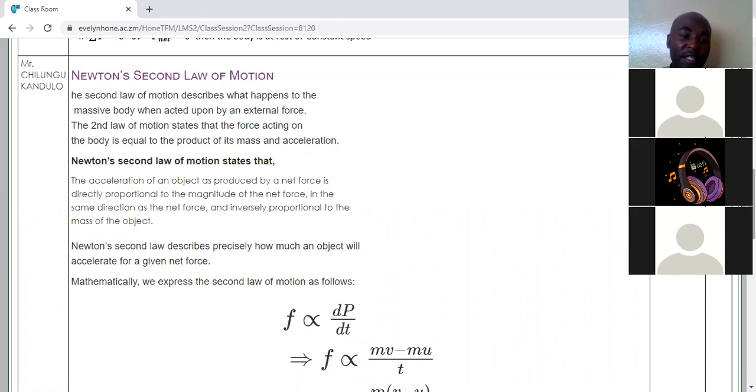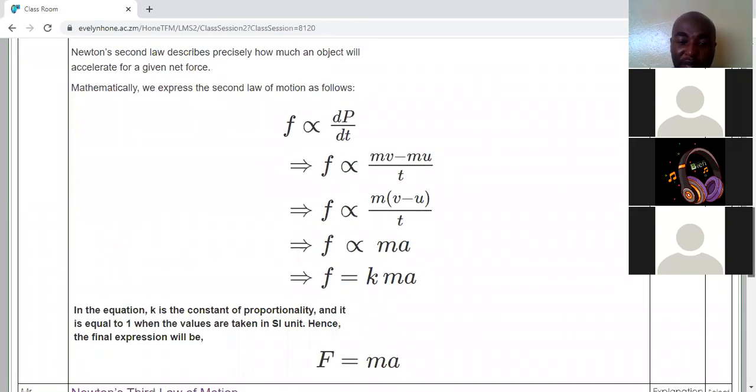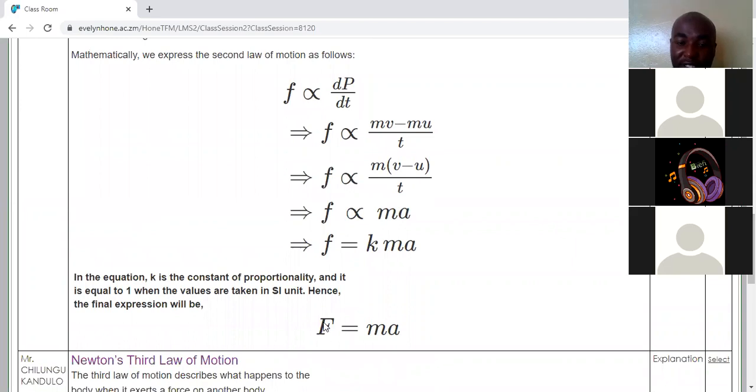We were explaining that the second law states that F net equals ma. What is F net? F net is the net force. What is the net force? It is the summation of all the forces acting on a body.